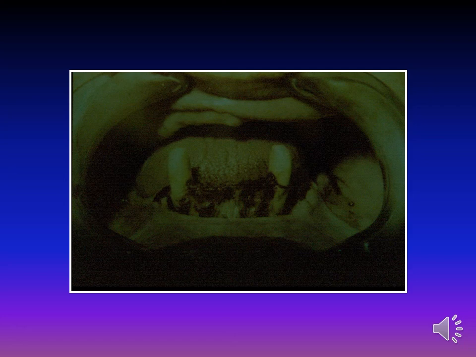It is because of these disadvantages that a simpler method of root retention was sought, and the concept and practice of submerged root retention have evolved. The root of the tooth is severed 2 millimeters below the level of the alveolar bone, and the root or roots are covered completely with a gingival tissue flap.